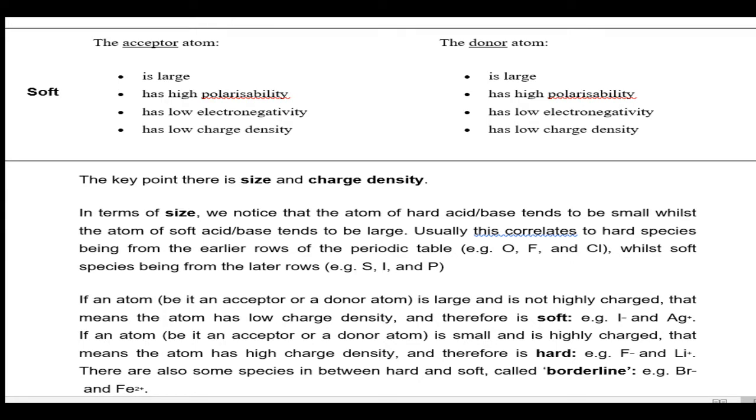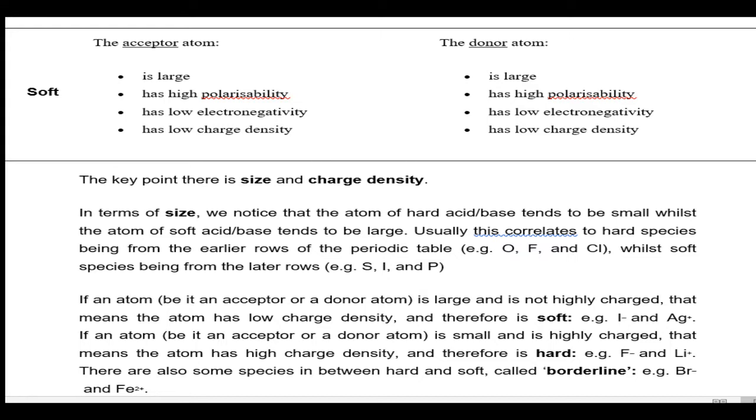charge density. While in the case of soft base, the donor atom is characterized by these qualities: it is large, has high polarizability, low electronegativity, and low charge density. So the key point here is charge, size and charge density.